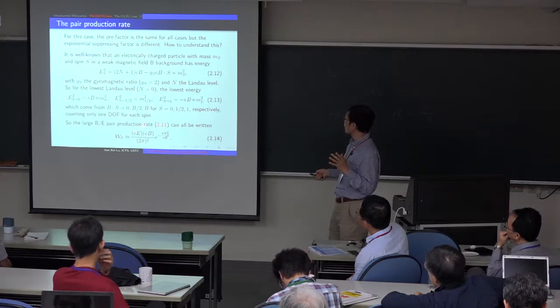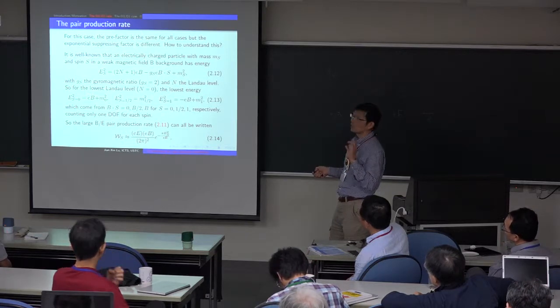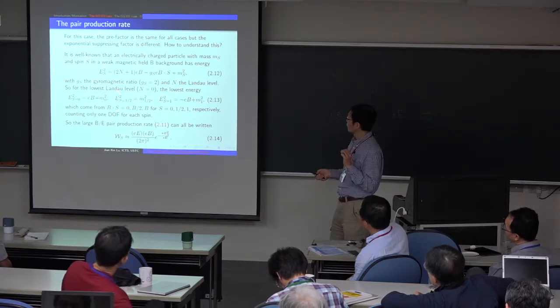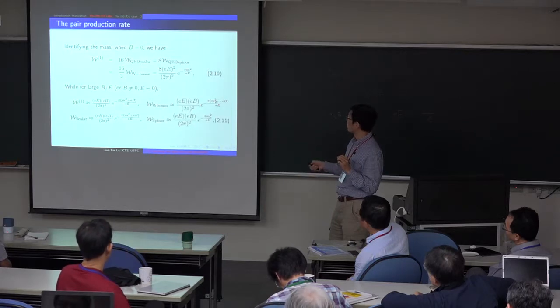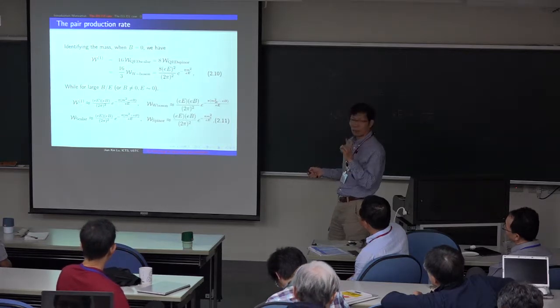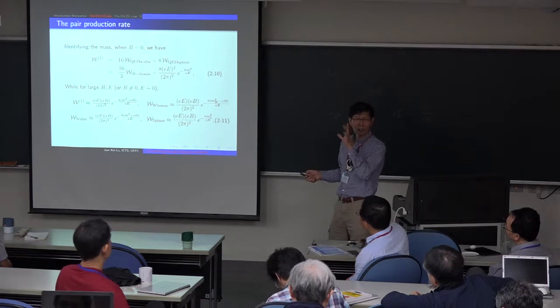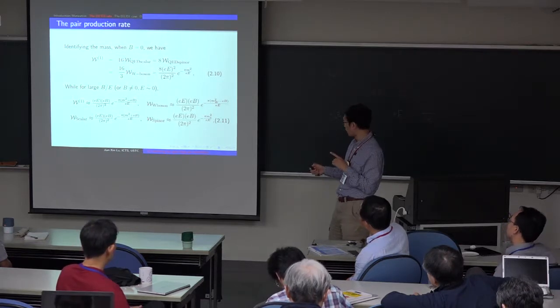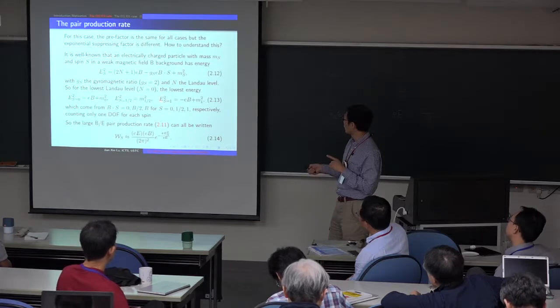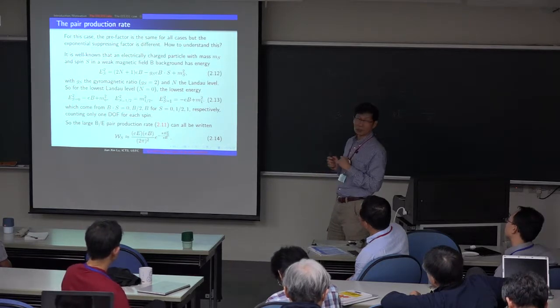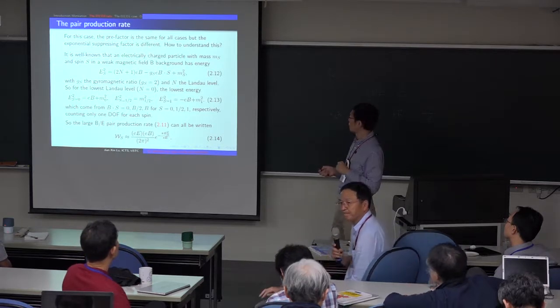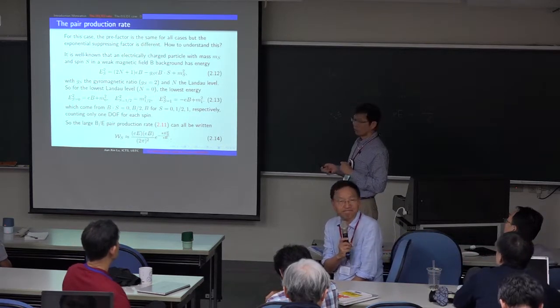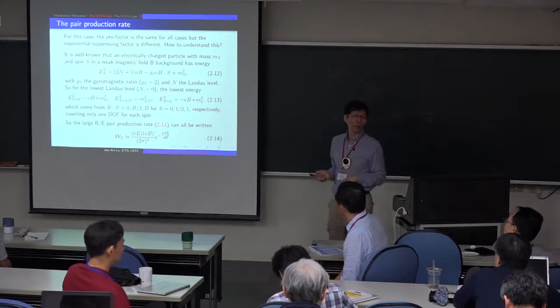So that's the reason why, if B over E is large, in this formula the scalar part and spinor part are all gone. The only thing left is the vector contribution, because for spin 1 you have this one. This should give the largest rate, if all the masses are the same. For the other polarizations it is the same reasoning.